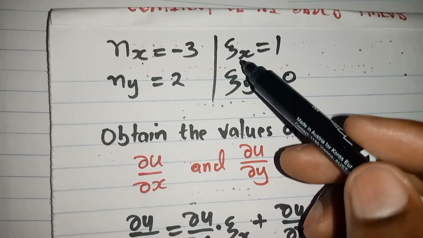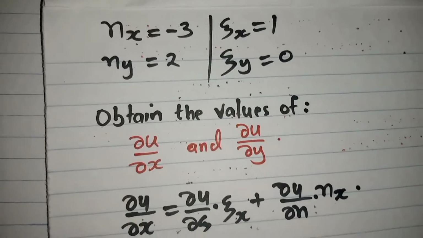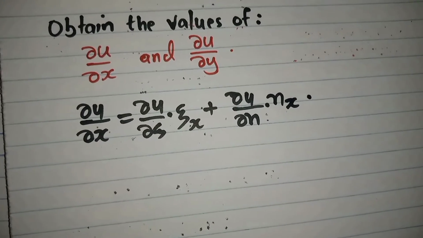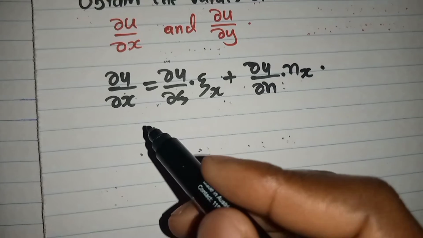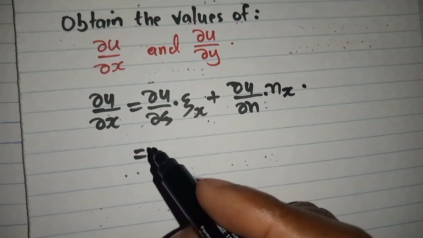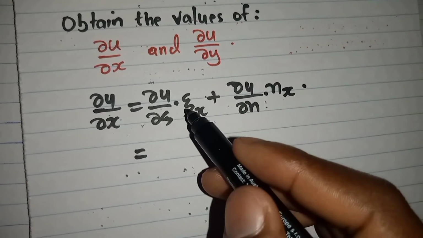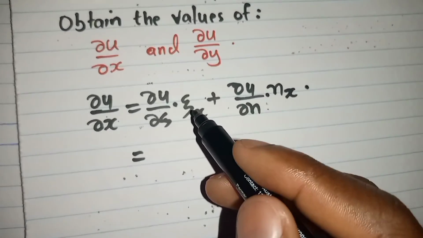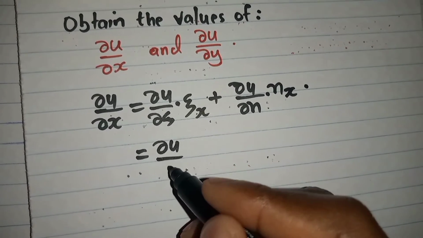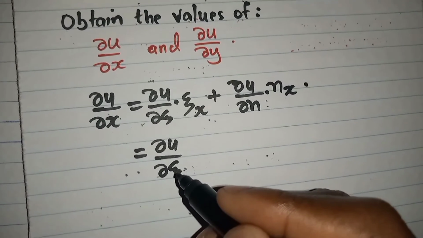The value of xi x is 1, so it will be the partial of u with respect to xi.